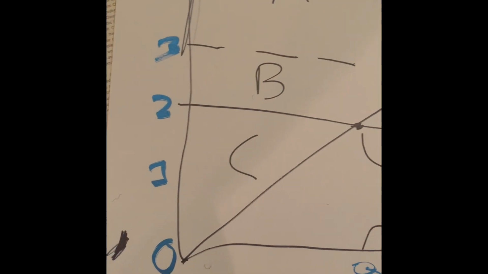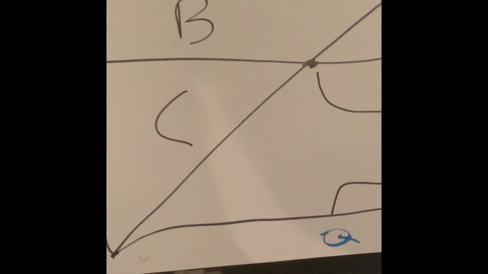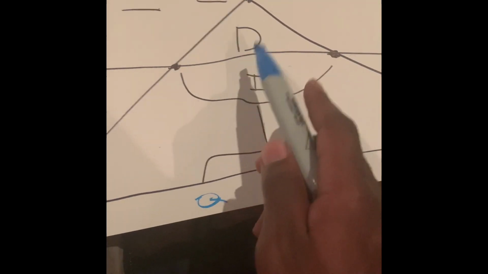It's being imported from other countries. So they're losing money. And then we calculate this by having quantity demanded subtracted from quantity supplied. And then we can see how much is imported, because this part right here is the import.